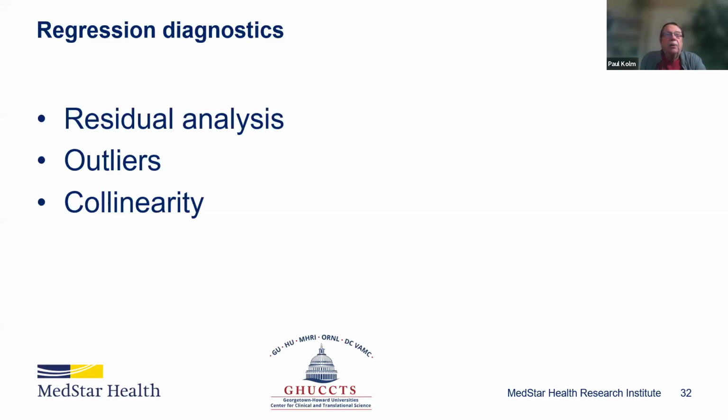We can look for outliers, although probably more appropriately, we should name that influential outliers, because some outliers don't really influence the regression equation that much. And then collinearity is the idea that there's a high correlation between some of your independent variables in the equation.